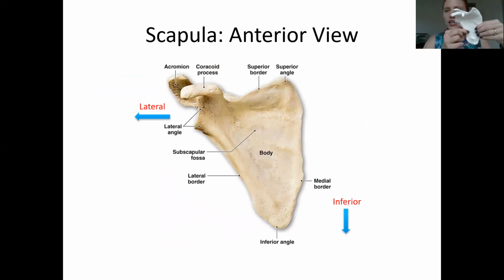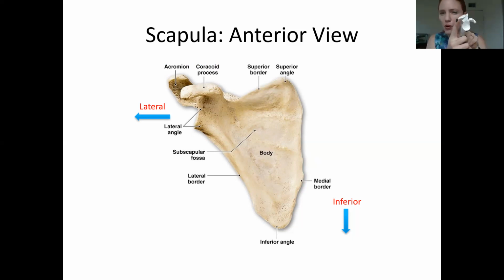On the scapula here, this is your shoulder blade, as you kind of learned colloquially. Right now we're looking at the anterior view, the front of it, and we already learned one of these. You'll notice that there are 2 major processes that come out.